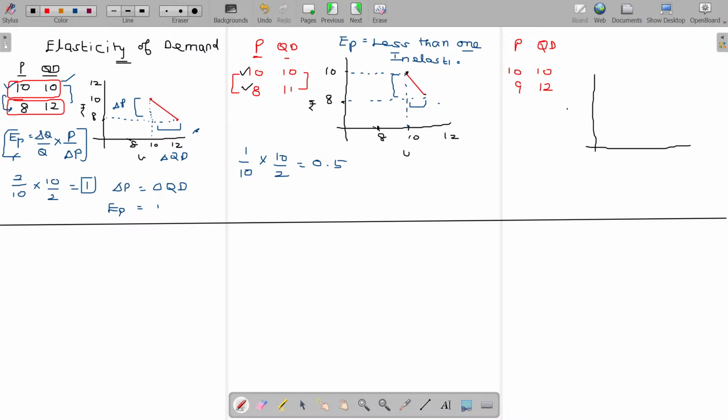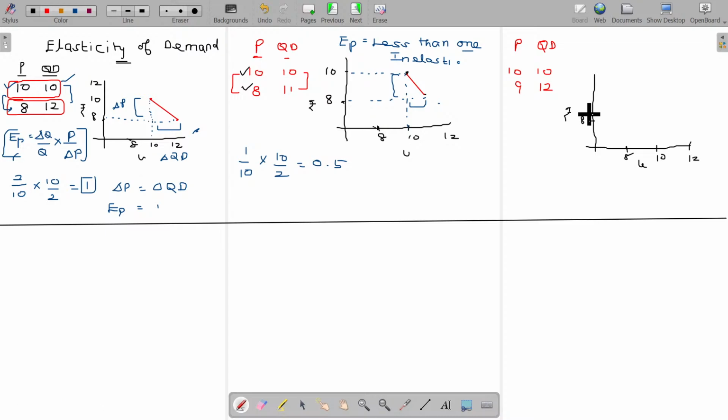So in price as well as in units. In units, we'll start with 10 and 12. Here, similarly, 8. Okay, 1 second. I'll start with the 8. Okay, 8, 10, 12.